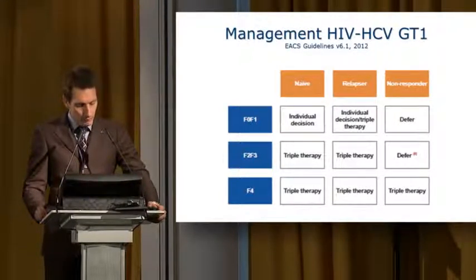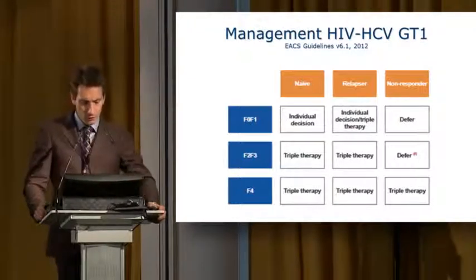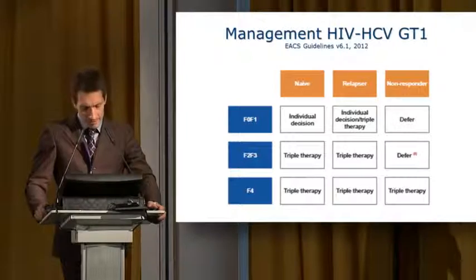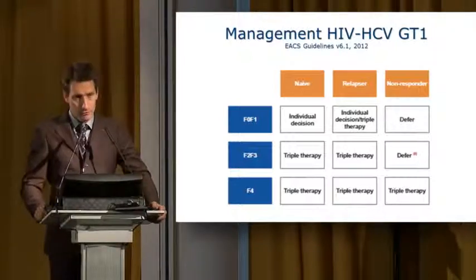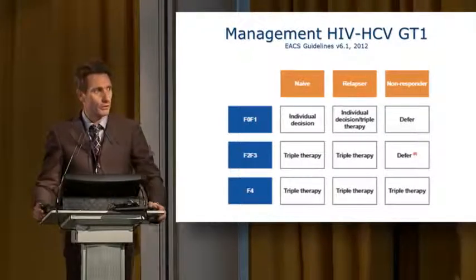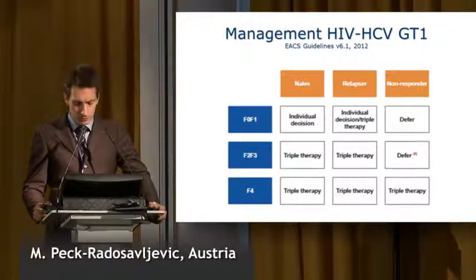In F2 and F3, it's recommended to do triple therapy in naive patients and in relapsers, and in non-responders, you will defer. But as I said, I personally think that I will use triple therapy only in F3 patients here. And in F4 patients, you will use triple therapy in any case because those patients are really in danger of decompensating and running into problems, except that many of those patients you will not be able to treat because they will suffer severe side effects.